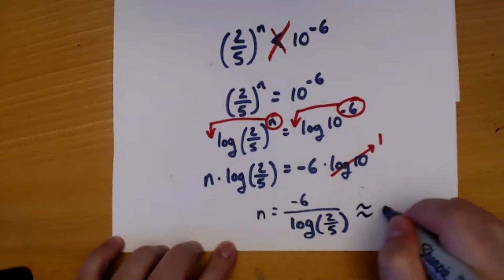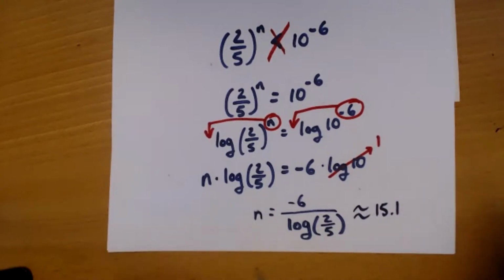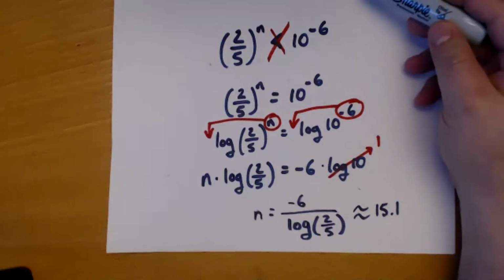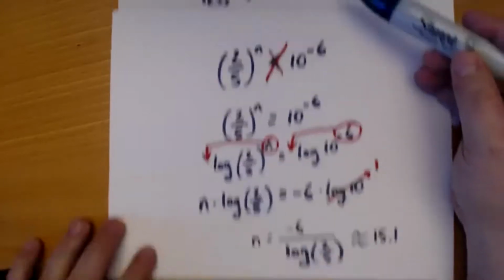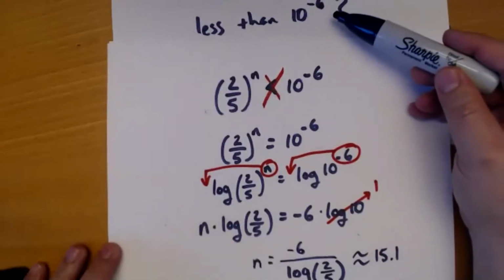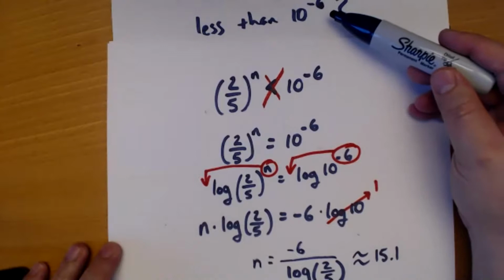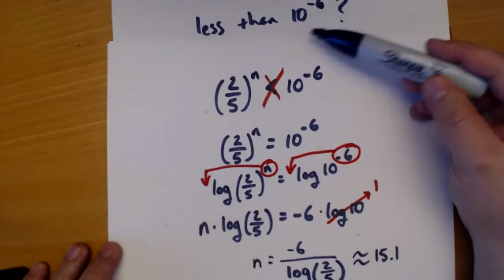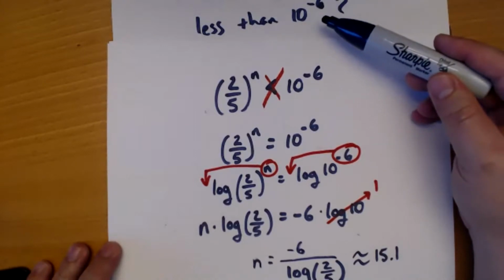So the thing of it is that if I have a term that is exactly at 15.1, I will be exactly at 10 to the negative 6th. What I want is to be smaller than 10 to the negative 6th.